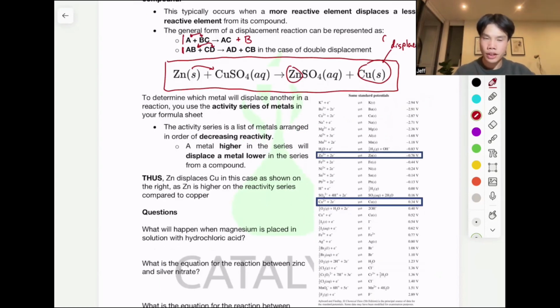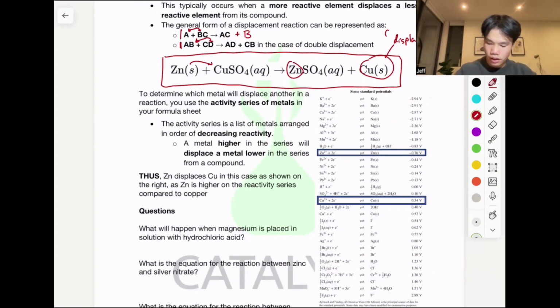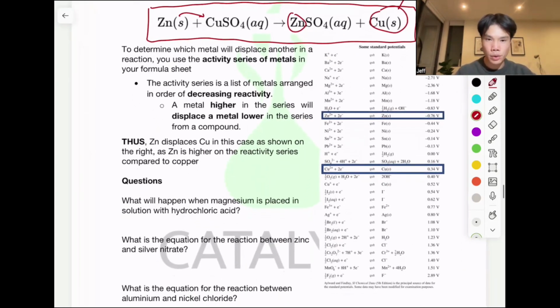And the way that you can tell whether or not something will displace something else is using what we call the reactivity series. So if you have your formula sheet with you, you can find this on there. Otherwise, have a look for it later. But this is on your formula sheet. So it says some standard potentials, and it lists all of these different ions and these voltages going down.